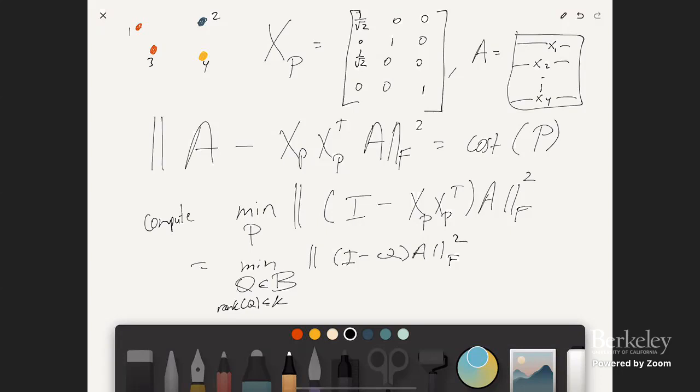So it's some kind of constrained low rank approximation problem, right? Basically, I'm saying that Q has to have low rank, but in addition, it's not just an arbitrary low rank matrix. It's a low rank matrix that has to be of the form X_P X_P transpose, where P is a partition. Okay, so it's some kind of constrained low rank approximation problem.